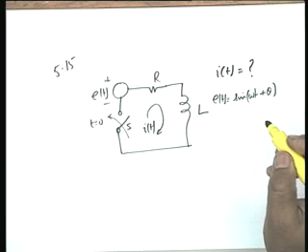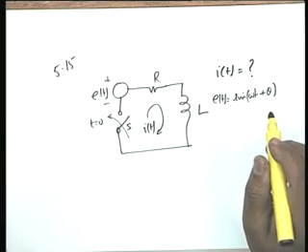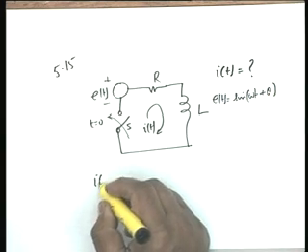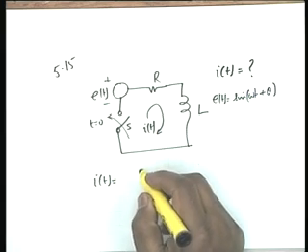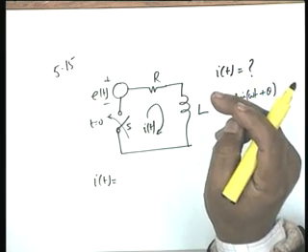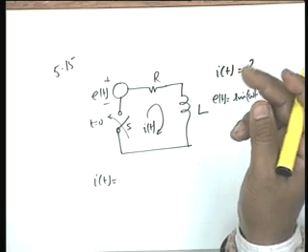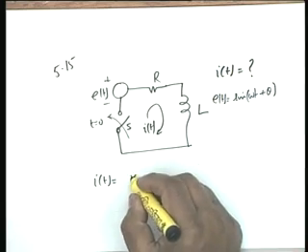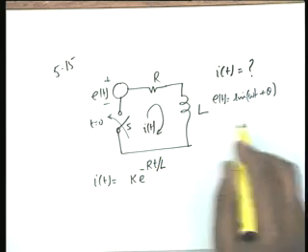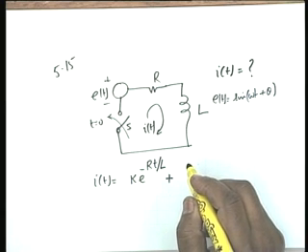We have worked out such examples, so we know the solution. Second part, so I will not work out this part. I think we can write it down. I of t would be equal to the free response, an exponential e to the minus R t by L, that is t divided by the time constant. So it would be of the form k e to the minus R t by L, plus the steady state response.